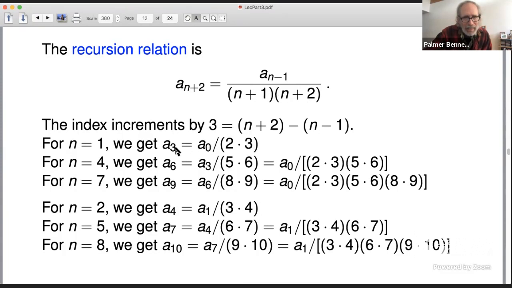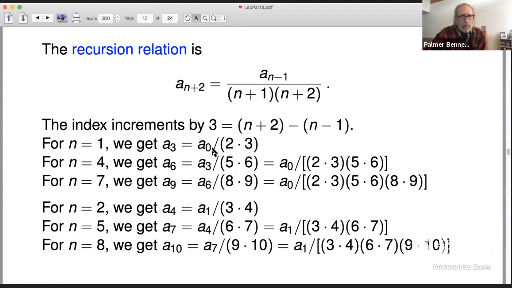So we get a3 is equal to a naught over 2 times 3, from this recursion relation. It's just confusing because you have to remember a naught and a1 are given. You have to generate the coefficients from a naught and a1.